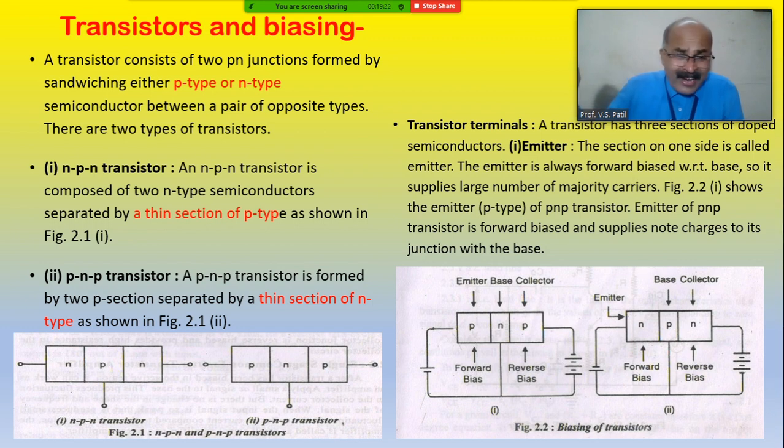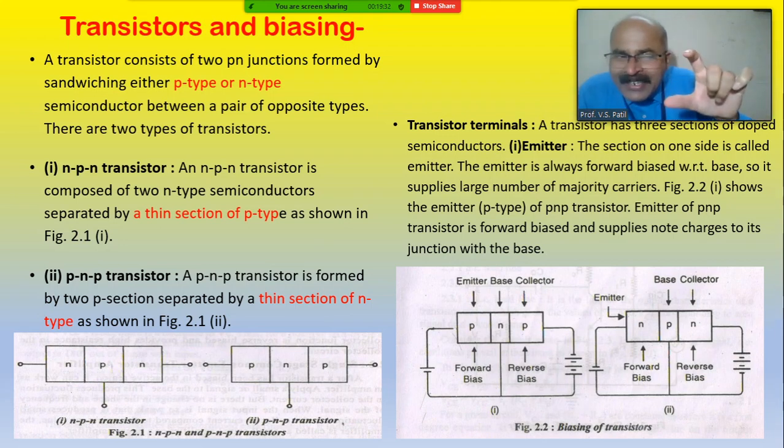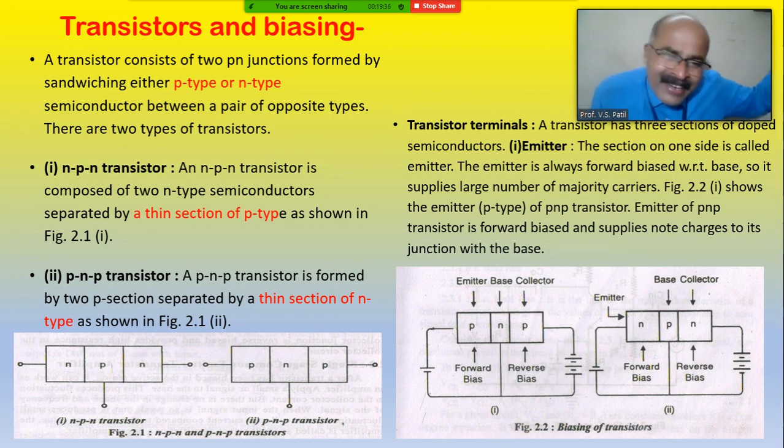If we work the transistor only in the active region, then it will be able to work as an amplifier. Means if we want to use a transistor in its specific region with the specific characteristic of amplification, then we have to work that transistor in the active region.